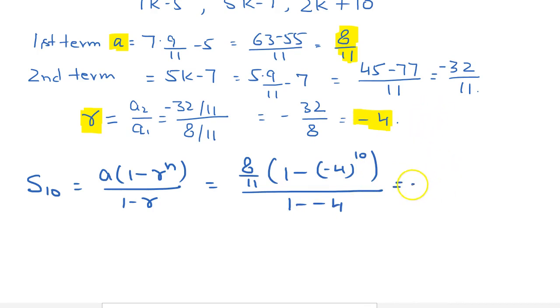So that is minus 152520. If you use your calculator, you will get this answer. So the sum of the first 10 terms is minus 152250. That is the answer.